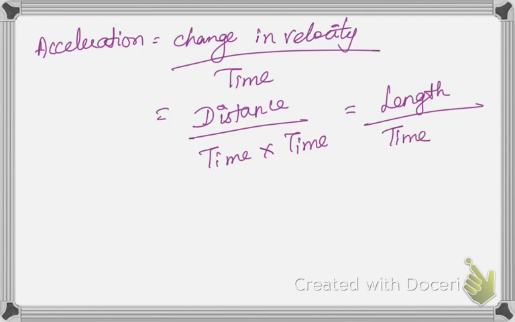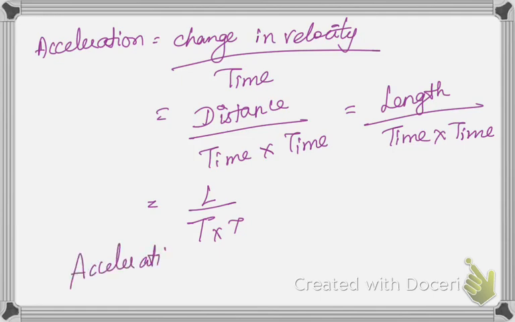So length by time into time, which is L by T into T. So the derived dimension for acceleration is LT power minus 2. This is how we have to derive the dimension.